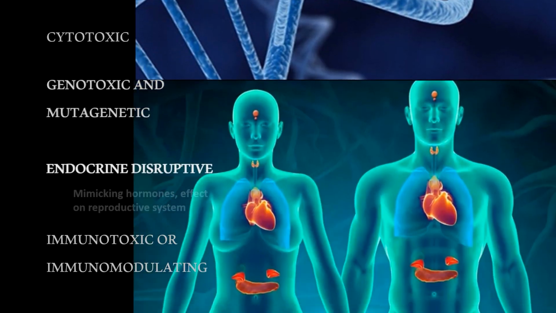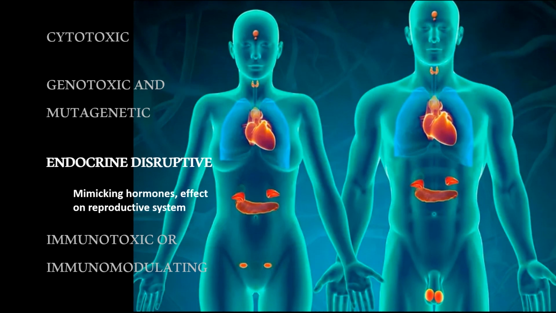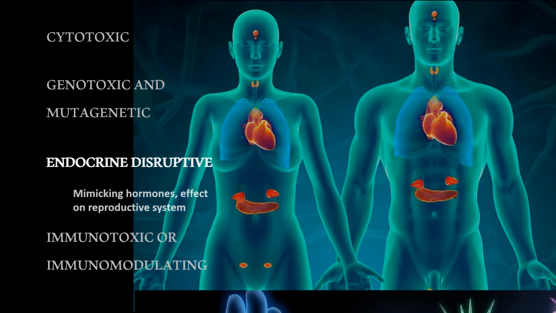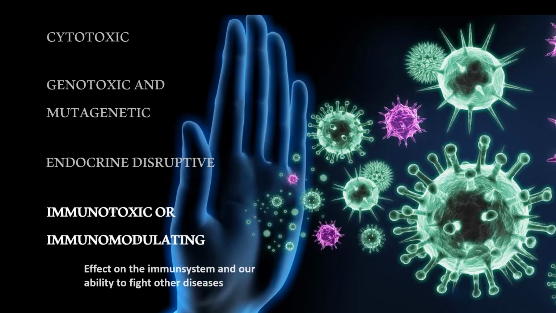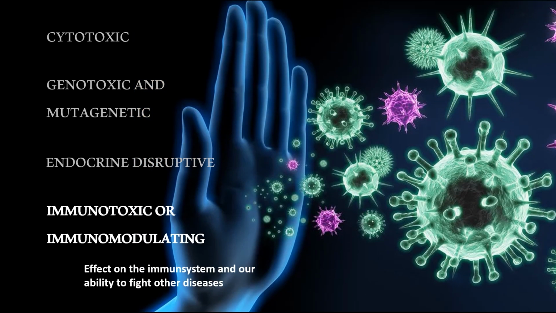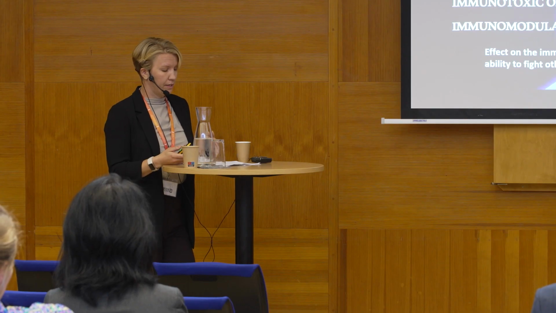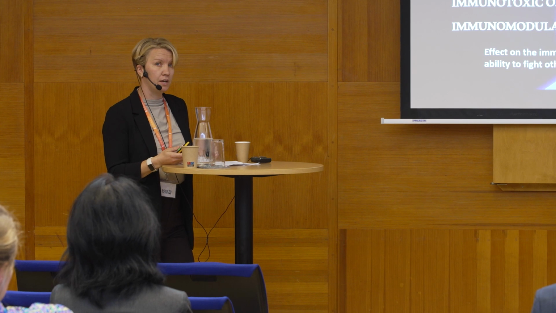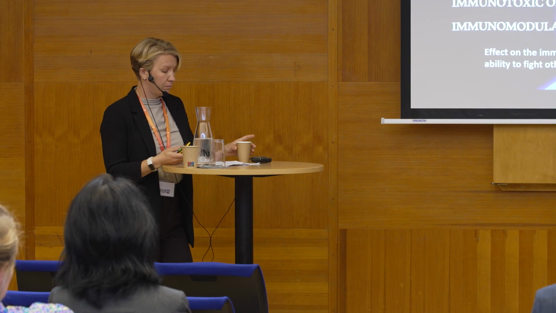They also are endocrine disruptive, sometimes mimicking hormones and potentially having an effect on the reproductive system, or immunotoxic and immunomodulating, where exposure can have an effect on our ability to fight other diseases.